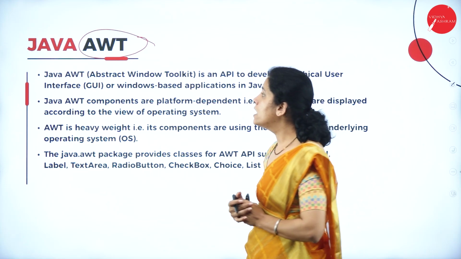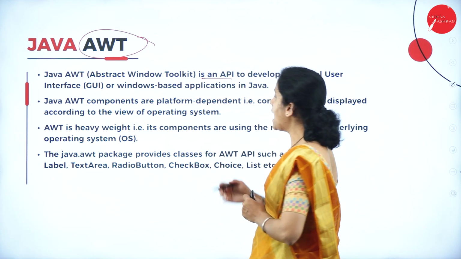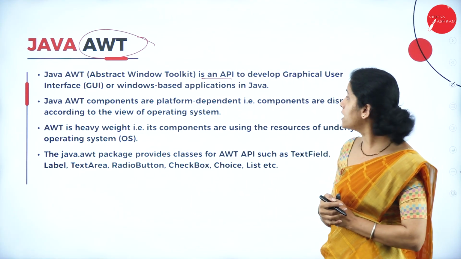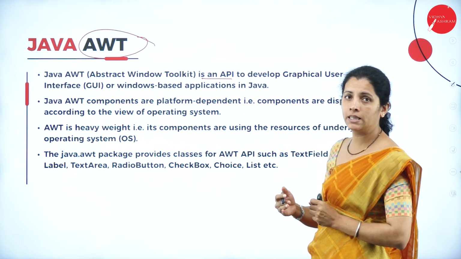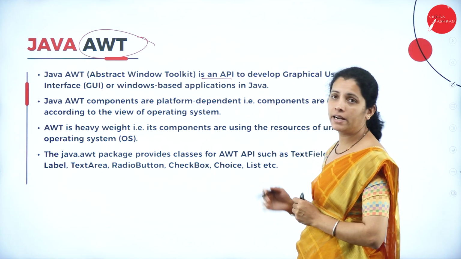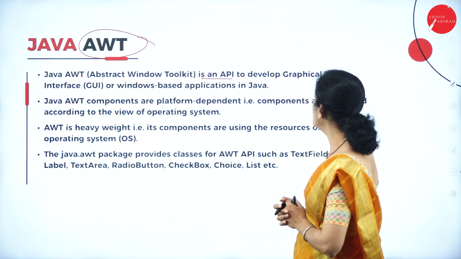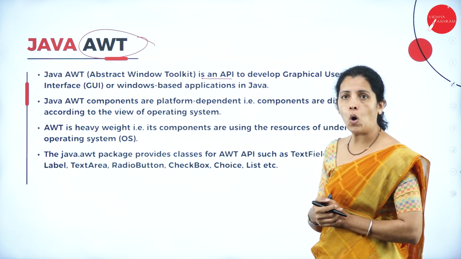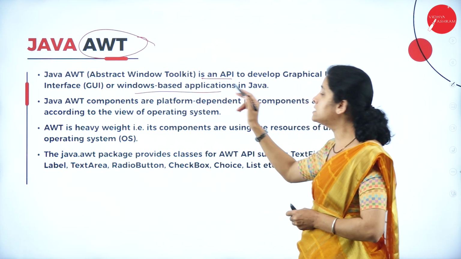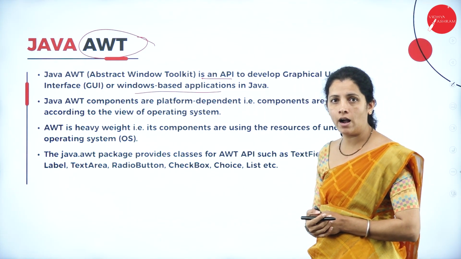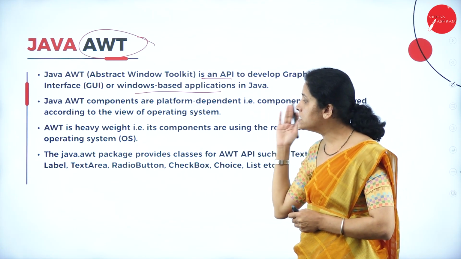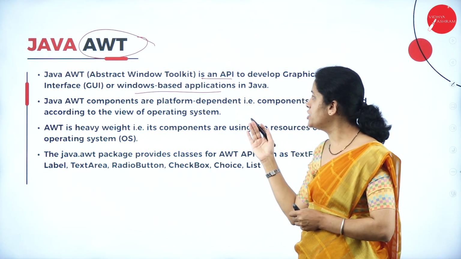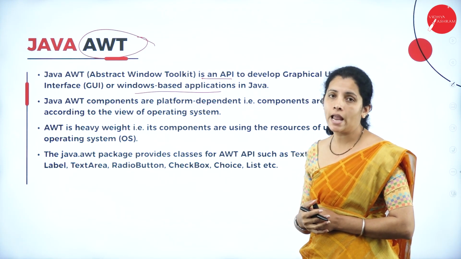So, Java AWT is an application program interface, mainly used to develop graphical user interface or Windows-based applications in Java. If I want to design any Windows application, then I am going to use AWT.